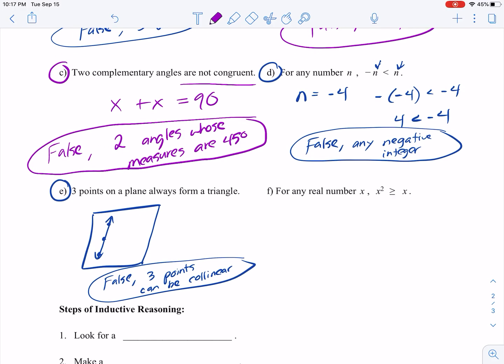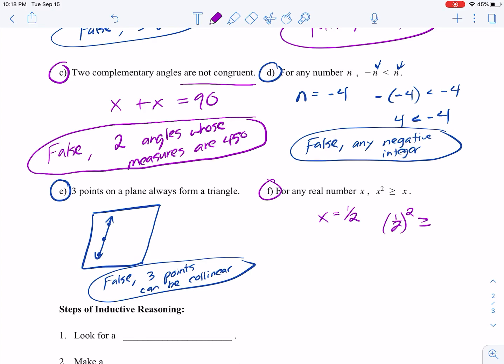All right, last but not least, for F, for any real number x, that number squared will be greater than or equal to that original number. Well, this says any real number. So what if we tried a fraction? What if we tried 1/2? Remember, when you plug in 1/2 and you're squaring, you're multiplying a fraction times a fraction, that number is going to get smaller. It's not going to get larger.